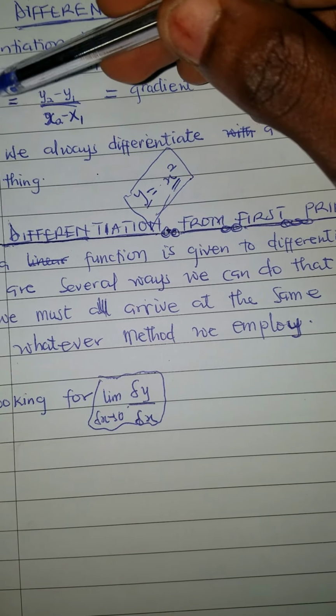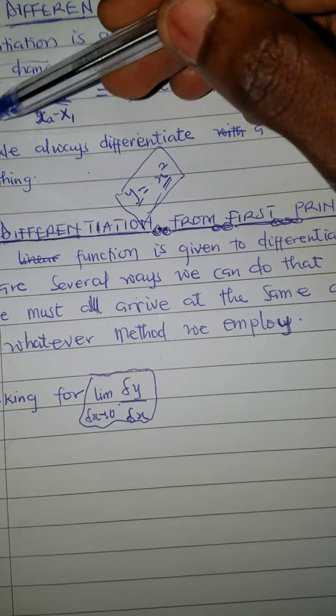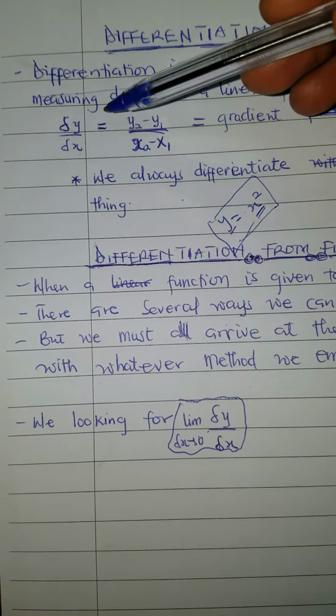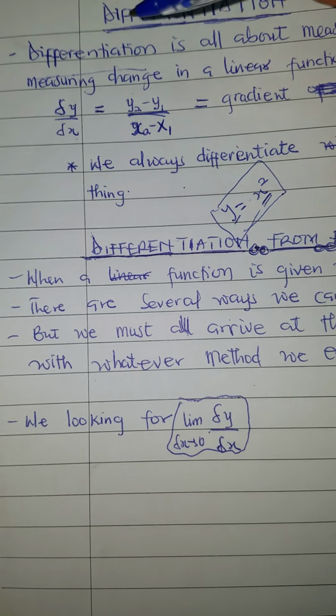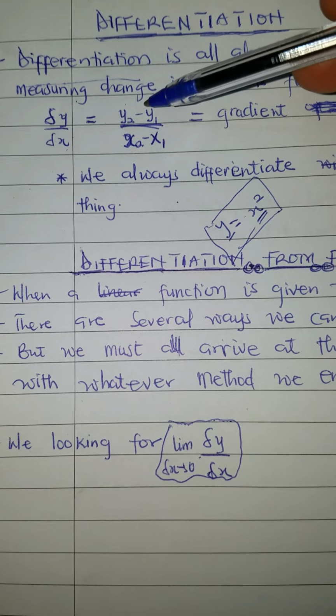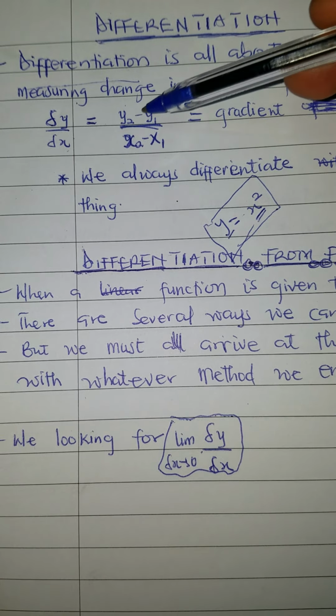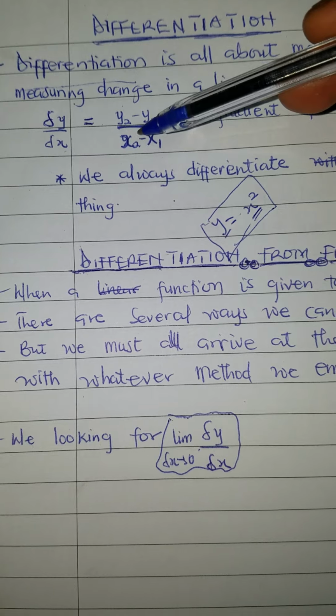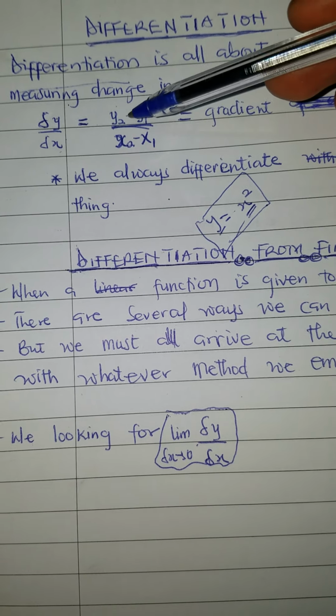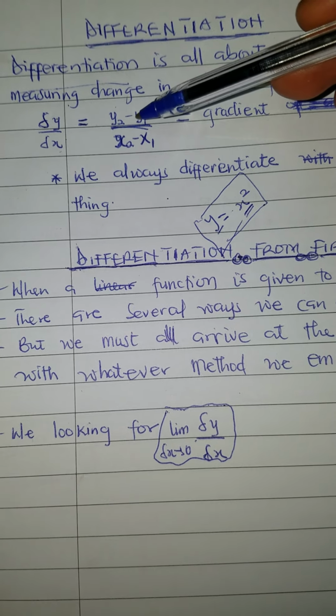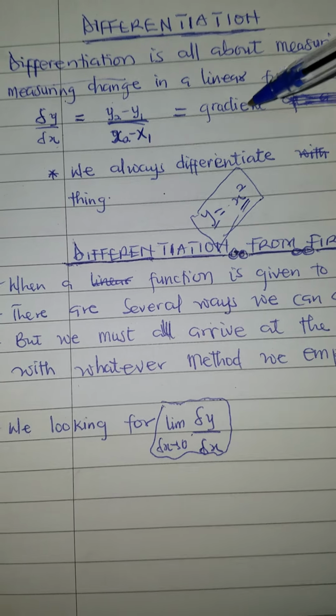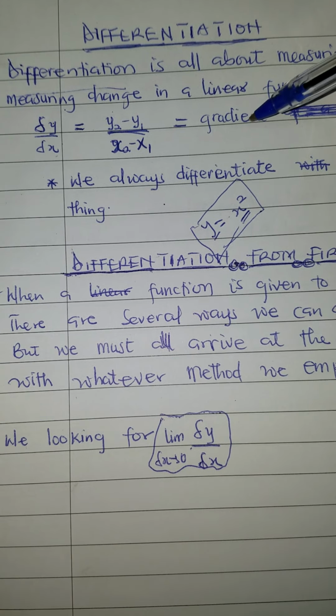Now dy/dx is change of y over change of x, and it is equal to y2 minus y1 all over x2 minus x1. And we all know this in mathematics. When you have something like this, it is called the gradient.